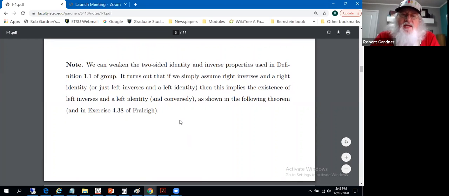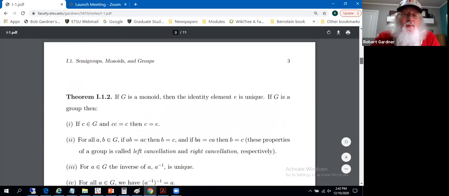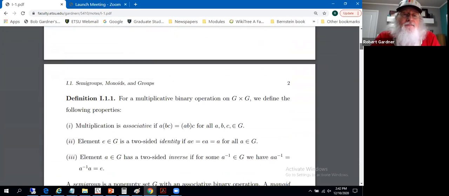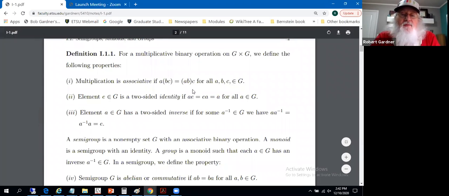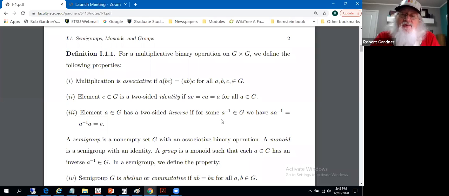We can somewhat weaken what we've dealt with so far, this idea of a two-sided identity and an inverse that works on both sides. Let's go back to definition 1.1. For an identity, E, we required that we could multiply on the left or the right, and that would produce element A. For inverses, we required that we could multiply on the right or the left with this A inverse element, and that produces the identity.